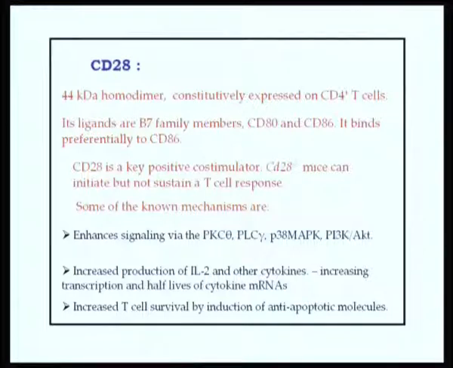The other very important role of CD28 is that it reduces T cell death, or in other words, it increases T cell survival, and it does so by induction of anti-apoptotic molecules. BCL2 and BCLXL are induced by CD28, a very important aspect.